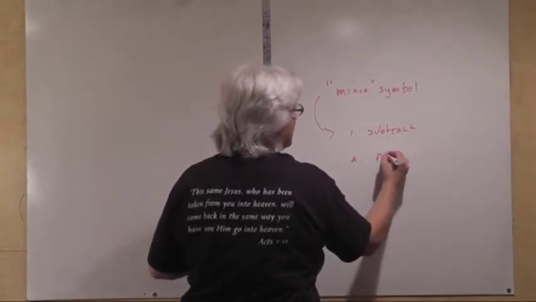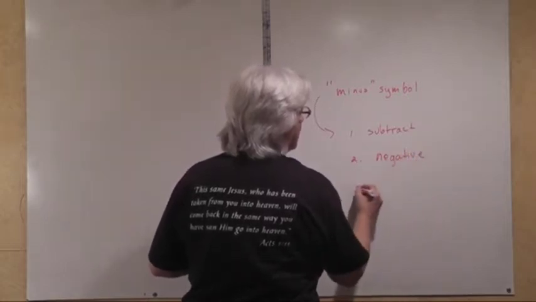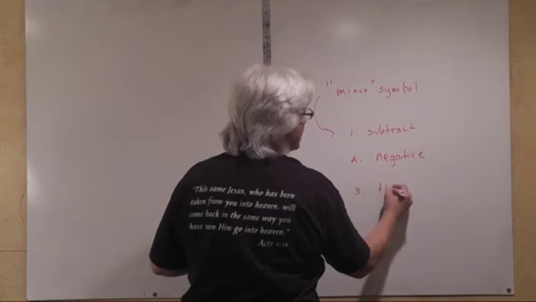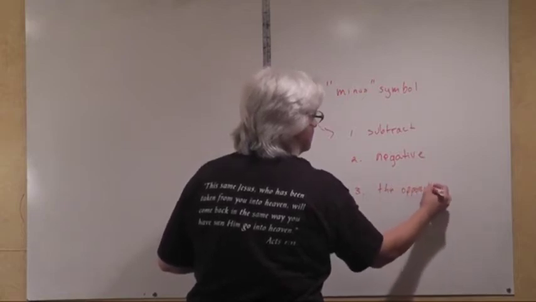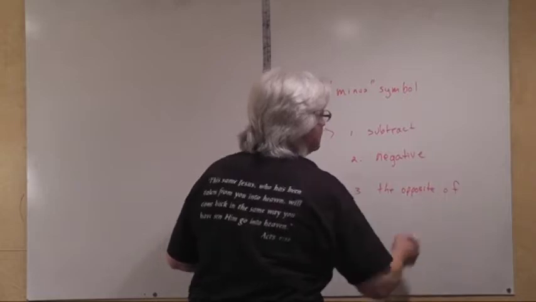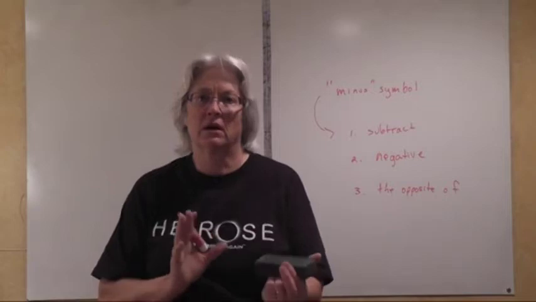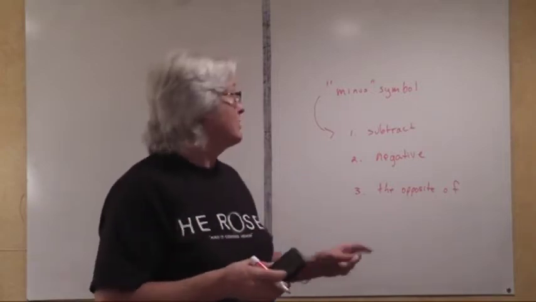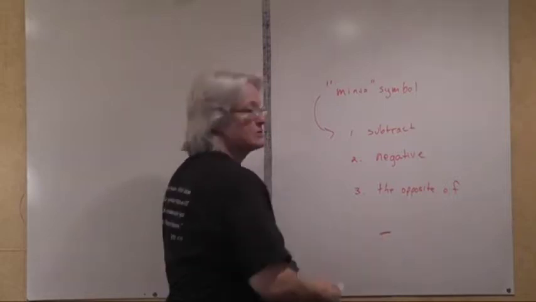It can also mean negative. And it also can be read as the opposite of. So that's just a reminder that whenever you see that little dash, that doesn't just mean minus.